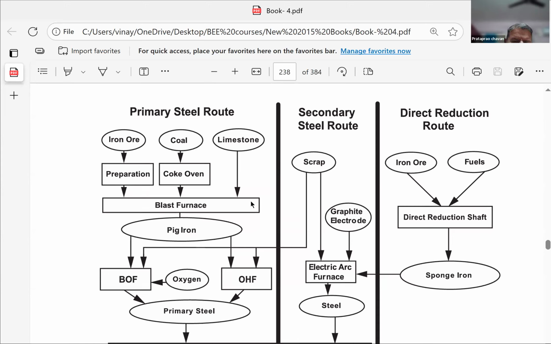Now, furnace means there is some heat source. That heat source is given by coal. Now, here you will find it's not only the coal, because we have seen in pulverized boilers, we have used coal and ground it to a very fine powder.